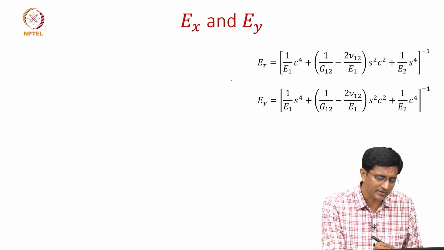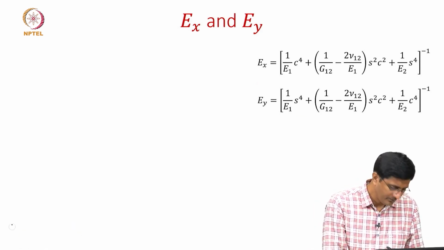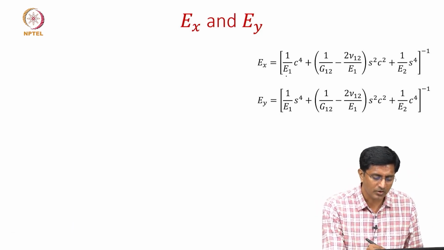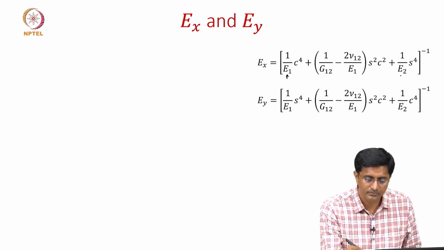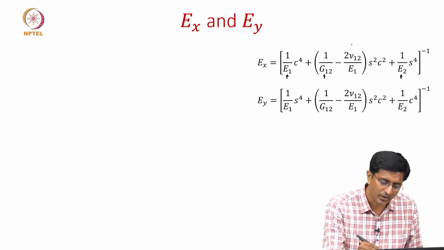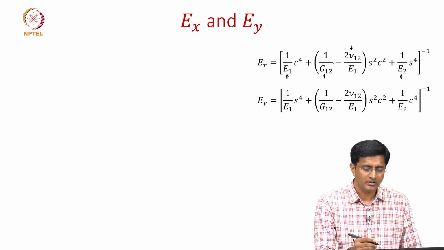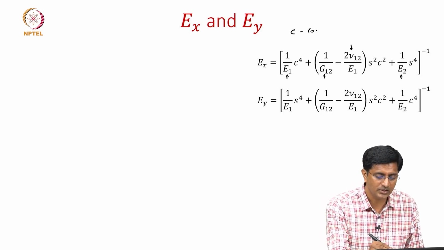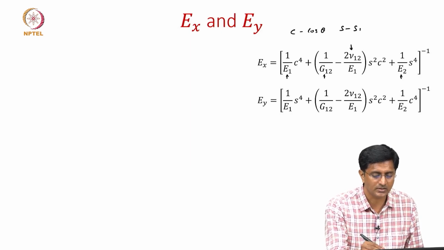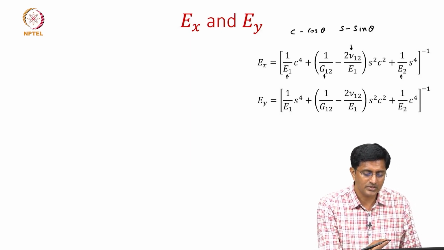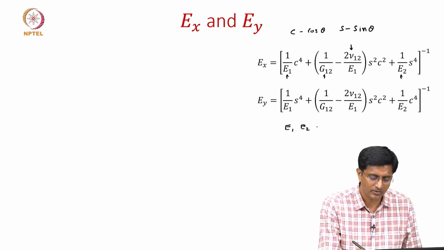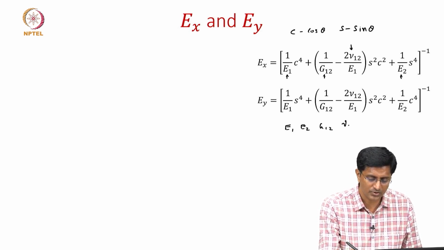So, here are the expressions for Ex and Ey written in terms of the elastic constants in the material coordinate system, which are E1, E2, G12 and the Poisson ratio nu12, and the orientation angle theta. Here C is cos theta and S is sin theta. As you can see, we have written these Ex and Ey as a function of E1, E2, G12, Poisson ratio nu12 and the orientation angle theta.